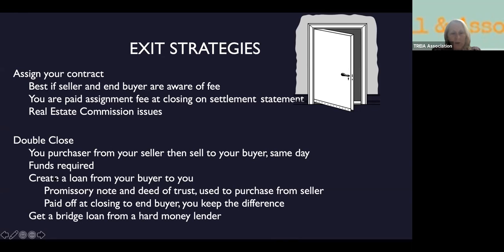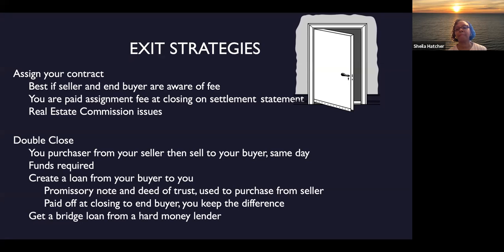Under each of these two ways, you're going to have fees. On this double close, on the bridge fund, you're going to have your $1,200 that costs you to borrow the money. And then you're still going to have closing costs of, let's say, another $450. Okay. And then if you can do the loan from your buyer, that's going to be probably a total of more like $800 with closing costs and to create the documents.